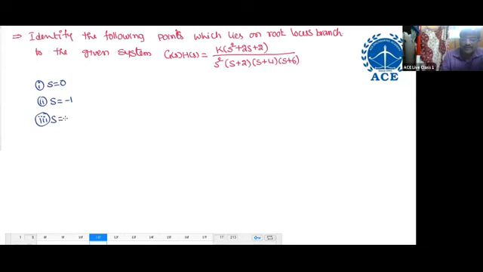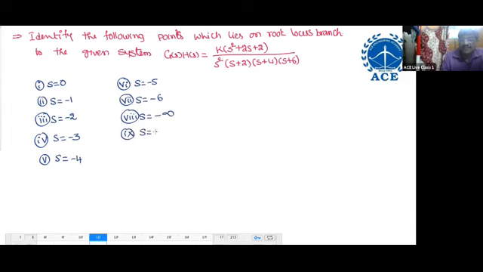Third point S equals -2. Fourth point S equals -3. Fifth point S equals -4. Sixth point S equals -5. Seventh point S equals -6. Eighth point S equals -infinity. Ninth point S equals -1 plus j1. 10th point S equals -1 minus j1.